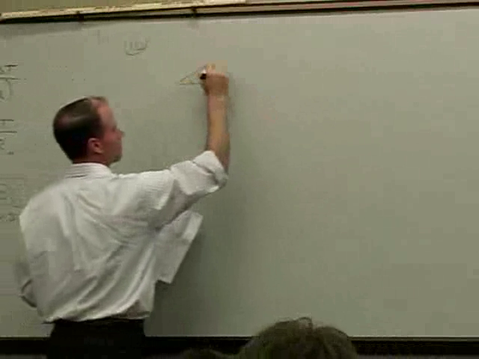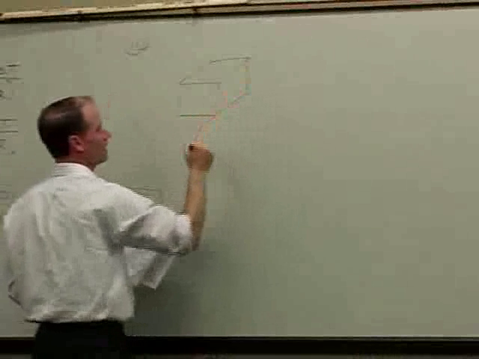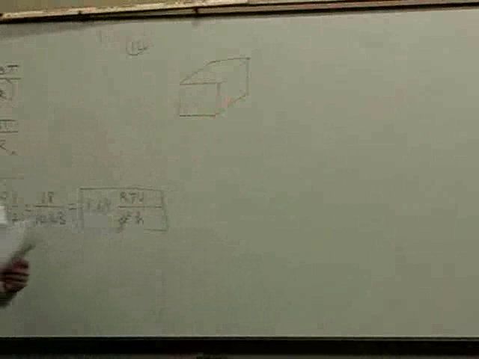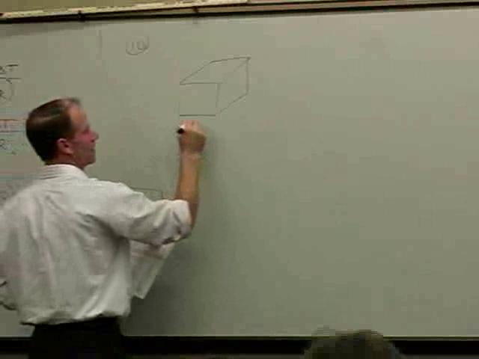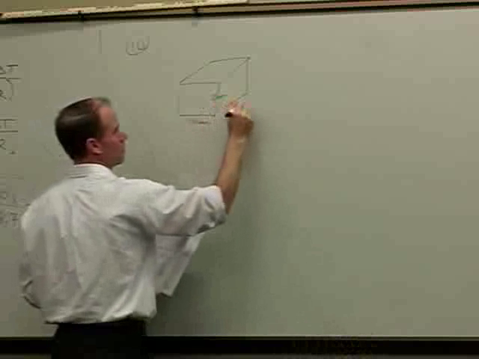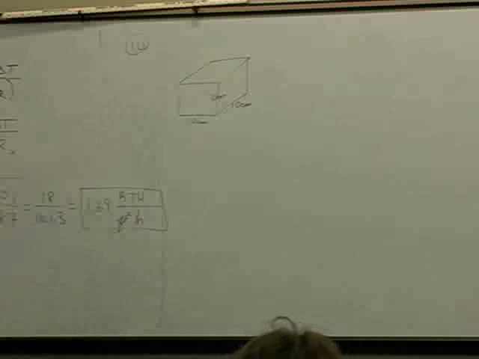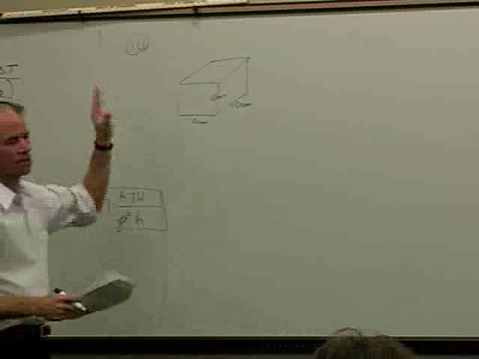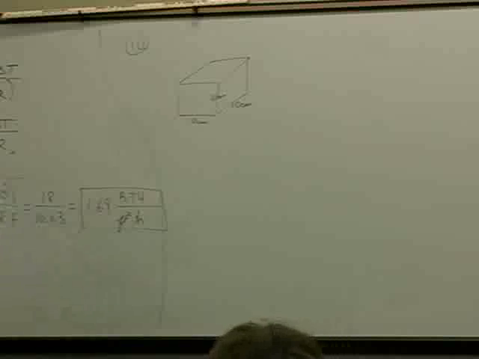We have ourselves a cup that nicely is in the shape of a cube, 10 centimeters on the side. So basically we could say that the area we're talking about for this cup would be what? Surface area.